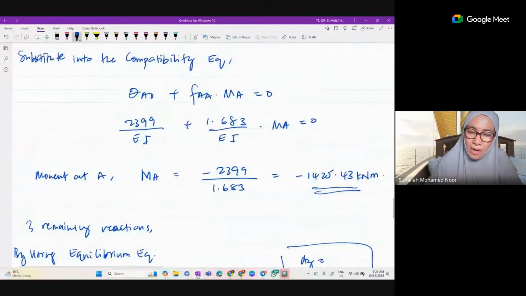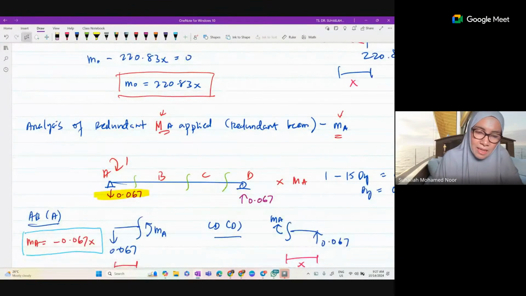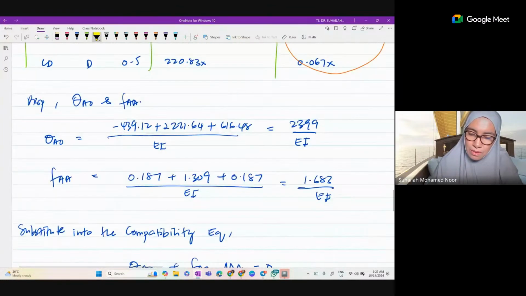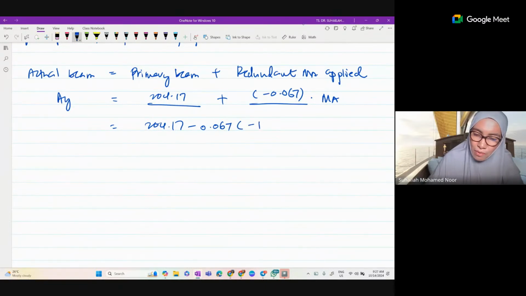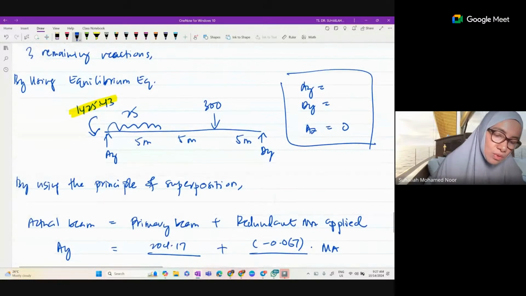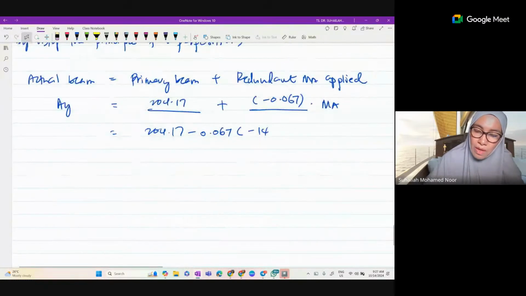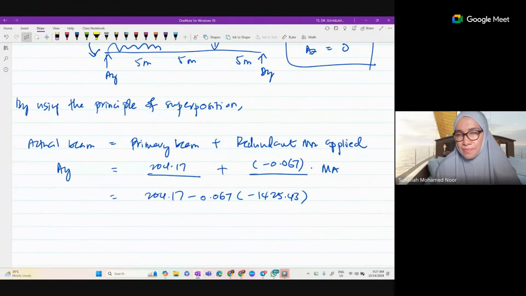Tengok sini diagram tu ada kat sini kali dengan MA. So negative 0.067 times MA. Macam ni. So AY is 204.17 minus 0.067 kali dengan MA, which is negative 1425.43. Okay, this is AY.